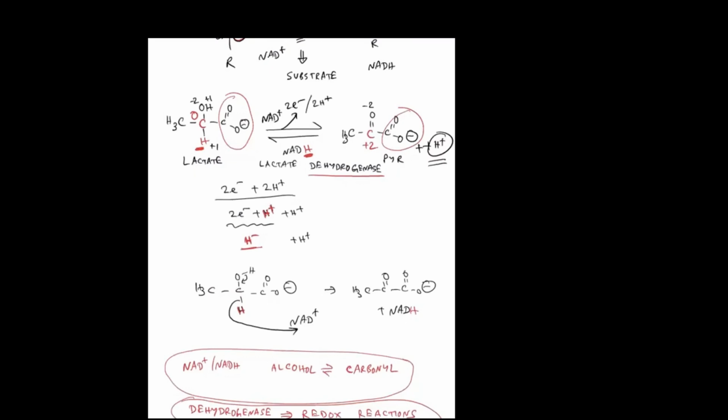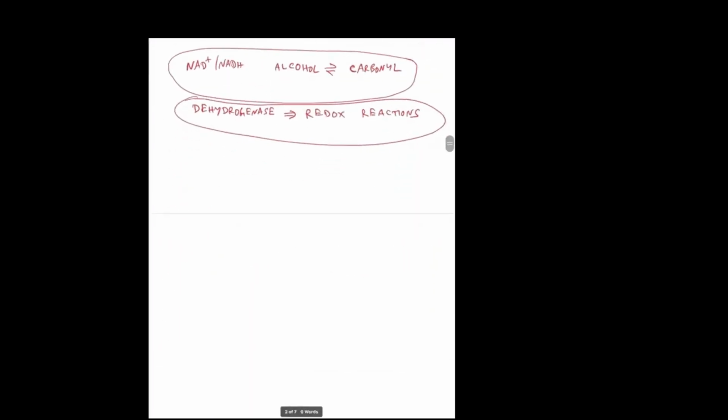Does it work in reverse? It does, yeah, this is a reversible process. So lactate dehydrogenase can also make pyruvate to lactate, depending on the need of the metabolic state. But if you do that, then you have to use NADH. Got it? Everybody with me?